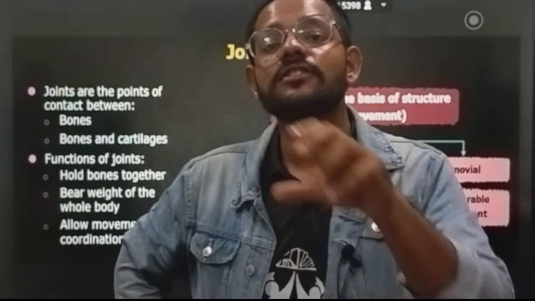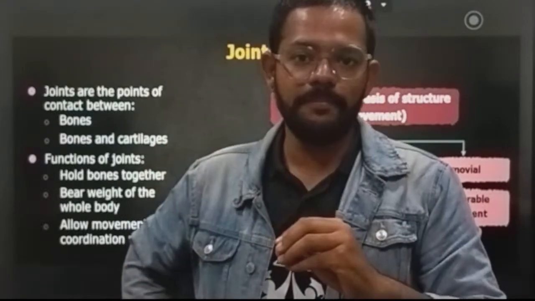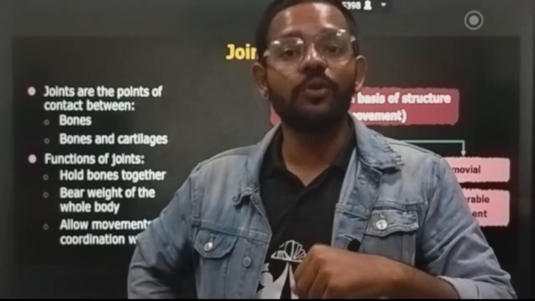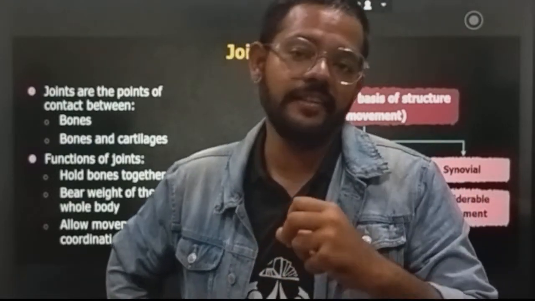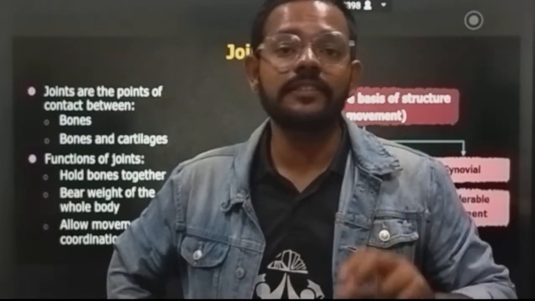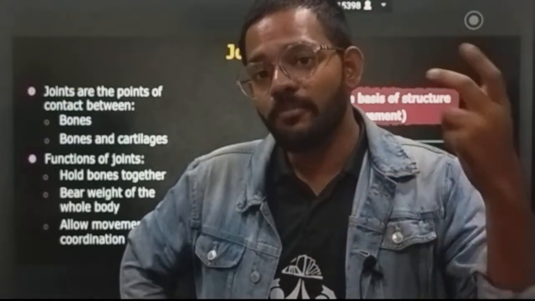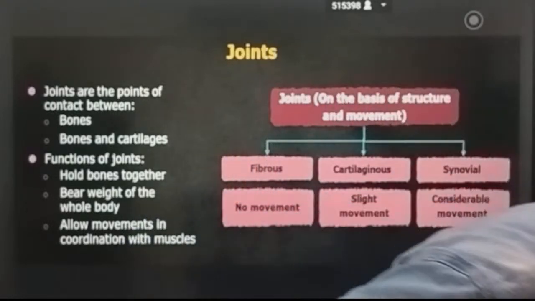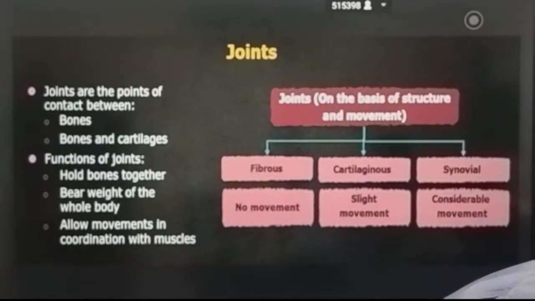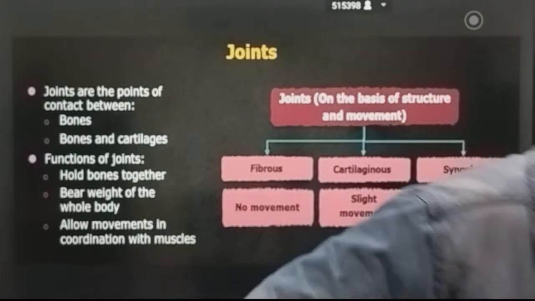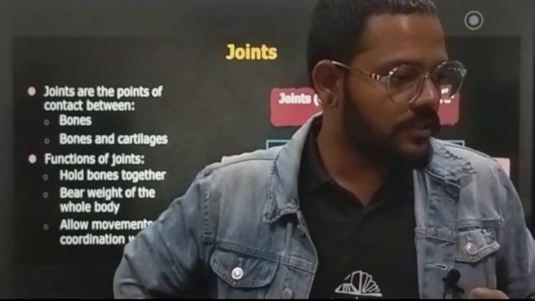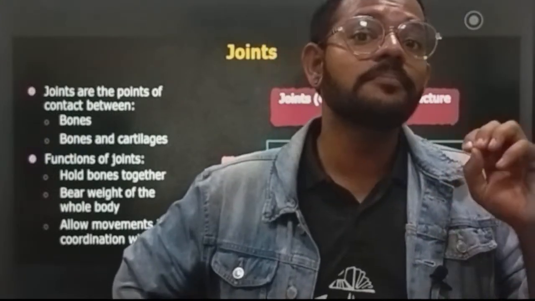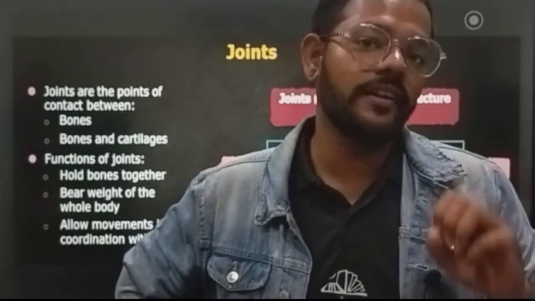Adults have fewer bones. Children have more bones because their bones have not ossified, they are free. Bhanu Pratap Singh asks, in adults more bones are there? No, in adults fewer bones are there, 206. In children more bones are there, nearly 400.